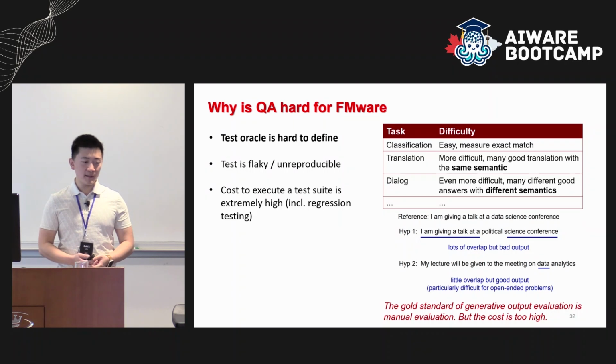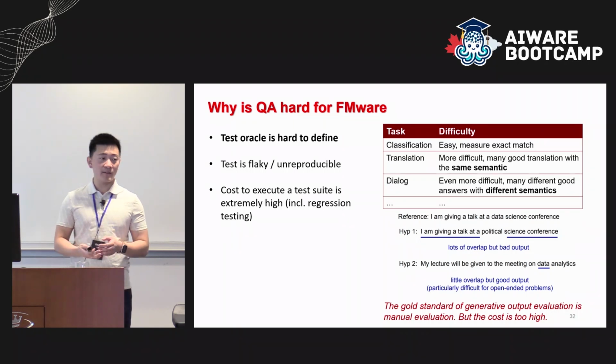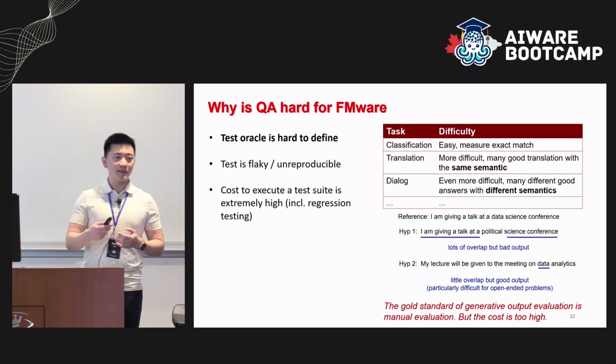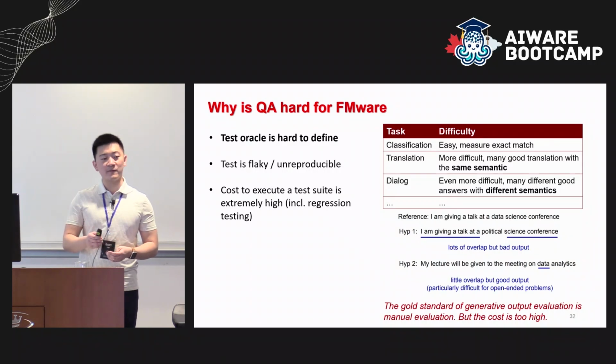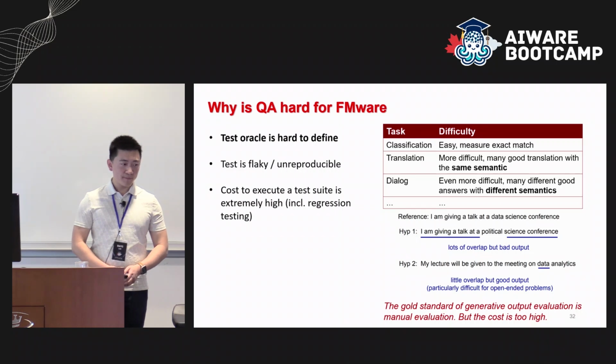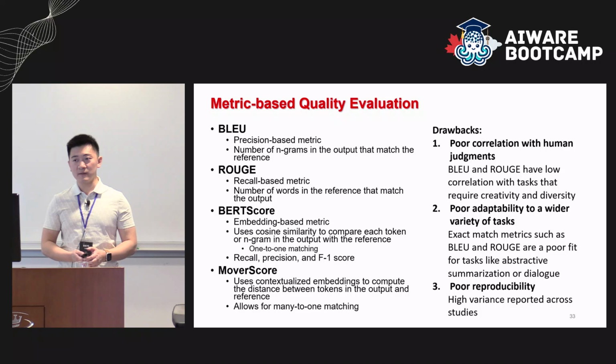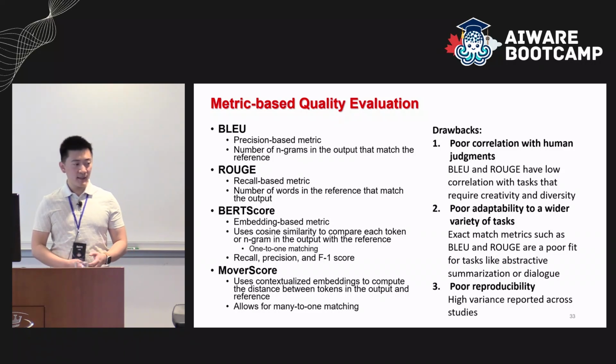So right now, the gold standard of generative output evaluation is still human evaluation, because that's where humans can provide the most accurate assessment of whether a generative output actually meets your quality requirements or not. A lot of metric-based evaluation methods have been proposed, but they all have different drawbacks.